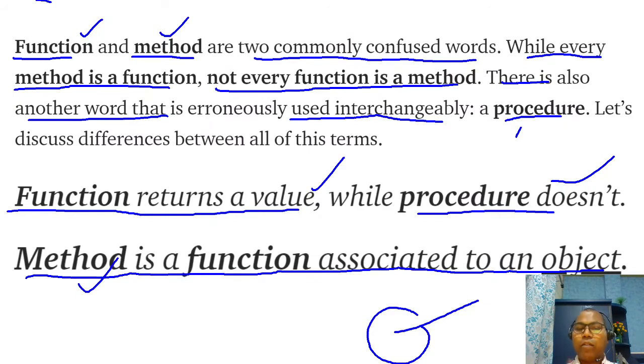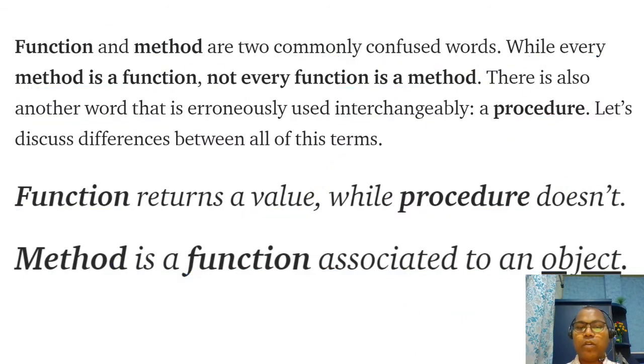A function can be declared within a class or outside of a class, and this is known as a function. So please ensure a method is a function associated with a particular object. If a function is not associated with a particular object, it is a normal function.